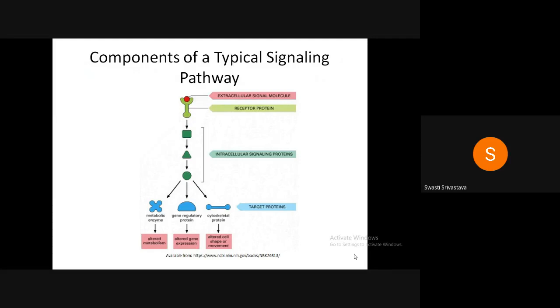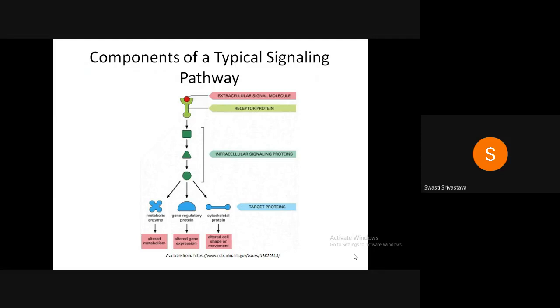Then the next component is a receptor protein. The signal has been sent out and it should be received by some molecule or protein on the plasma membrane. You remember the concept of integral proteins and peripheral proteins. They are specific for each signal. There is a specific receptor, just like a lock and key function. So each signal will have its own receptor.